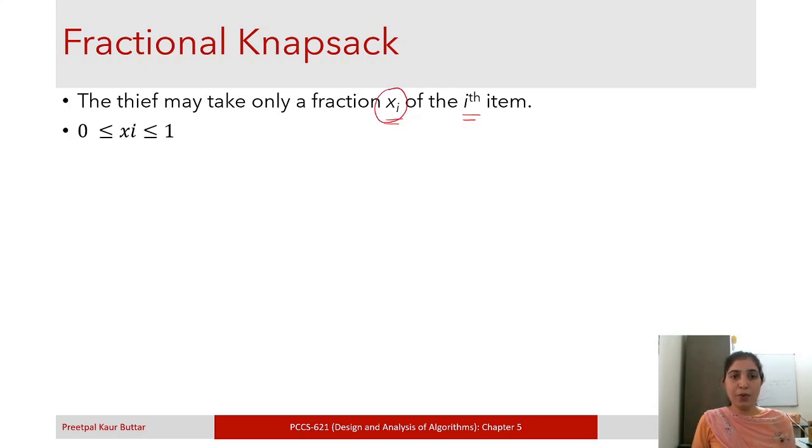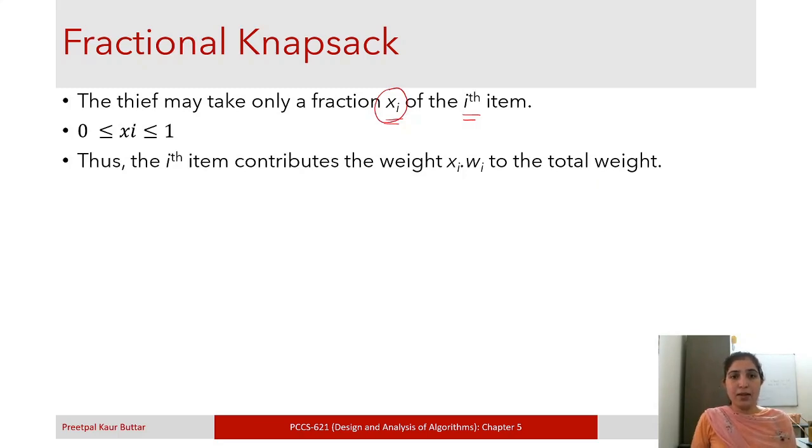The fraction lies between 0 and 1, and if the thief decides to pick an item I, then how much weight will that item contribute to the total weight? The fraction of the item picked, xi, multiplied by the weight of that item. So if the weight of the item is 10 and we are picking only 20% of it, that is 0.2, so it will be 2 only.